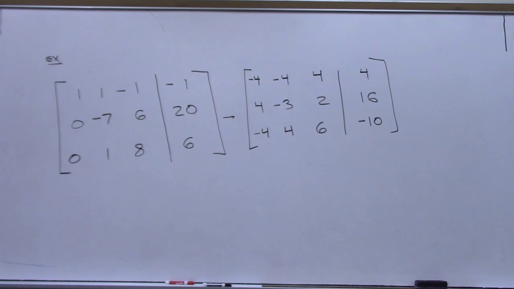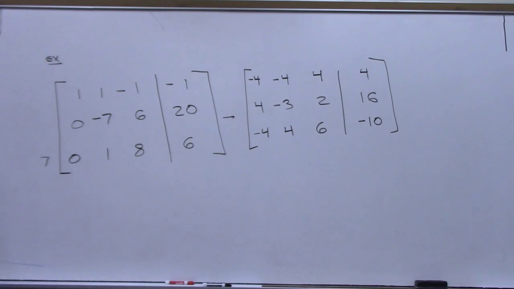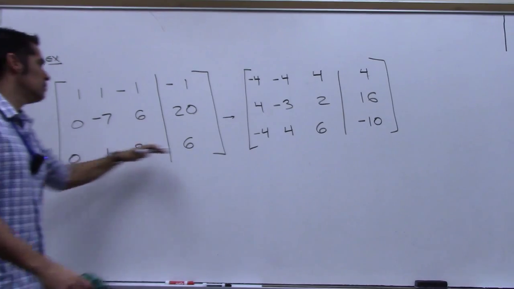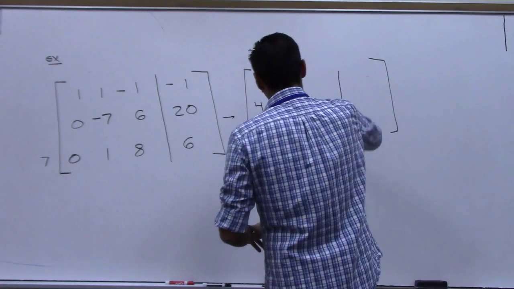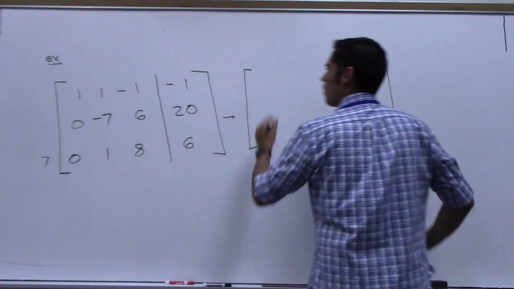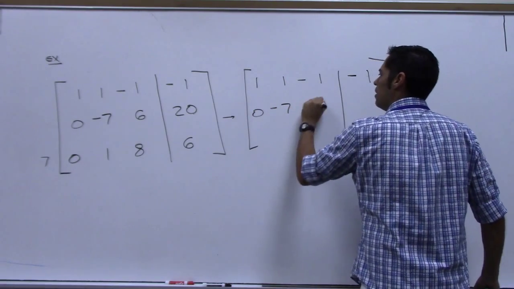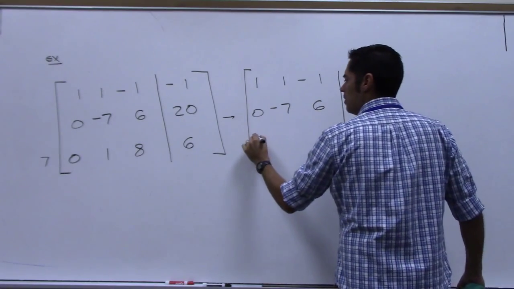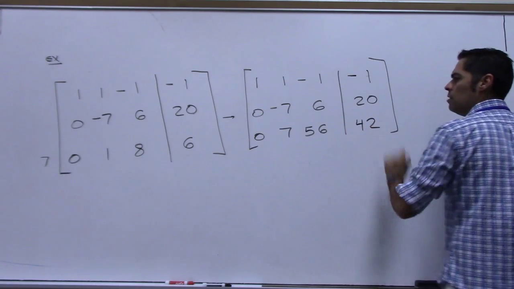Yes, sir. Now multiply the bottom one by 7. So you divided out the -4 from the top one, just because I want to get back to ones because I like small numbers. So 7 through here, right? So here's where I am now. 1, 1, -1, -1, 0, -7, 6, 20, and then 0, 7, 56, 42.